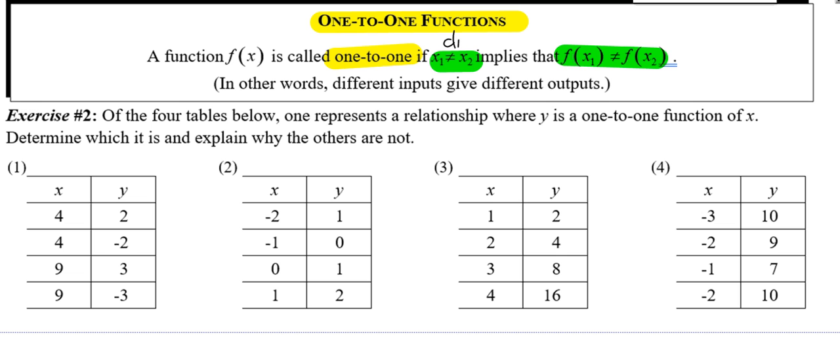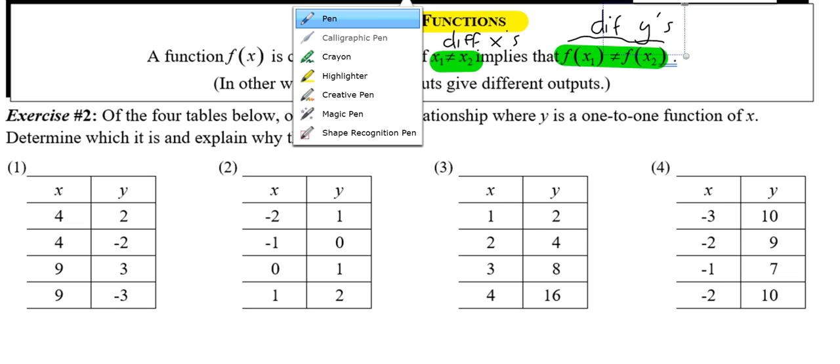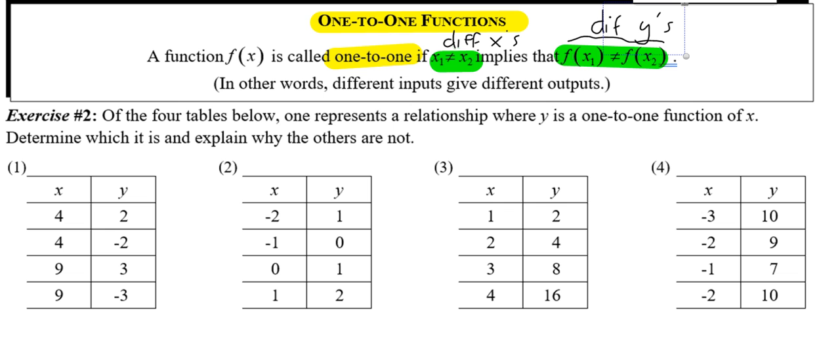So if you have different x's, you're going to have different y's. Whatever you put as your x's, those different x's should always have a different y. So different inputs give different outputs. That's really what this sums up to be. Different inputs give different outputs. I would make sure I highlight that.